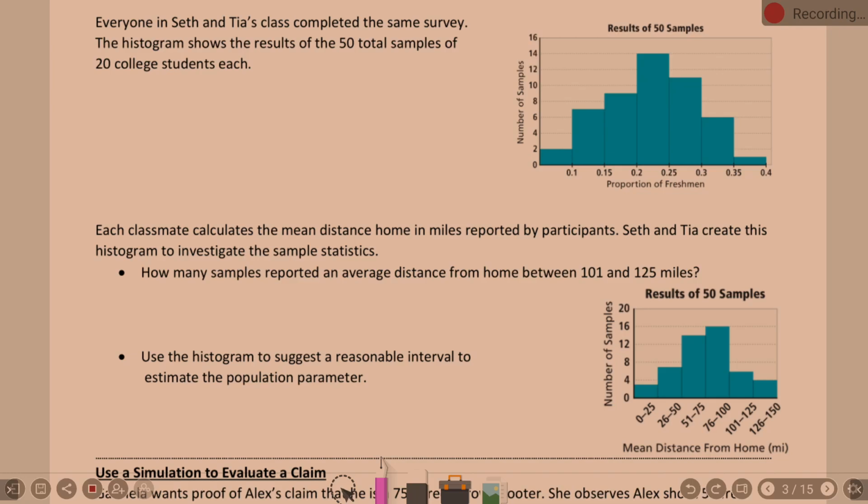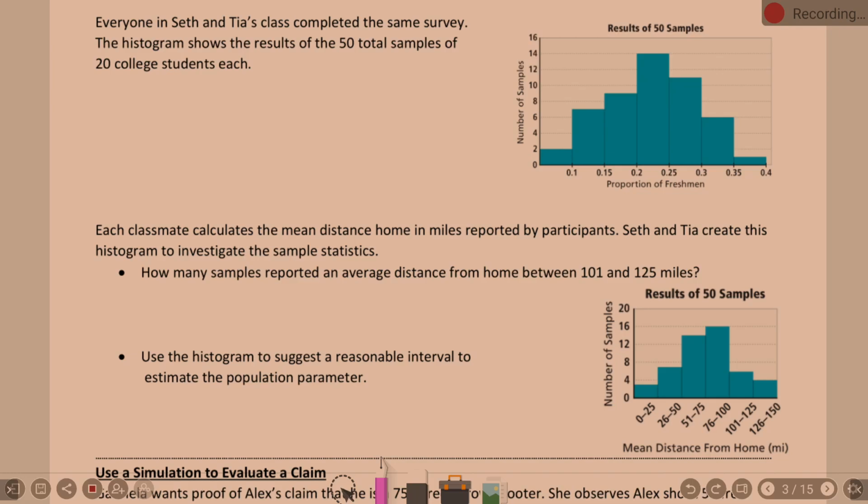Everyone in Seth and Tia's class completed the same survey. So everyone in there had a sample of 20 students. The histogram shows the results of the 50 total samples of 20 college students each. So they're saying there's 50 people in their class, and all 50 people surveyed 20 people each. Now we're getting some more data. Now we're talking to more students, and that's the whole point here.